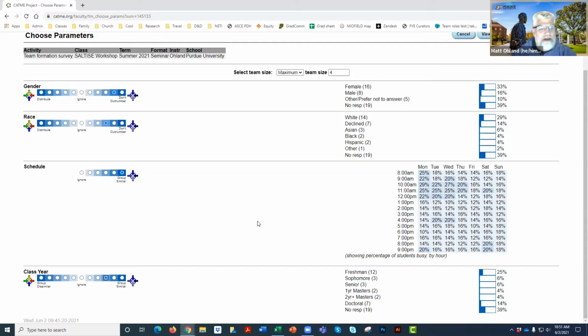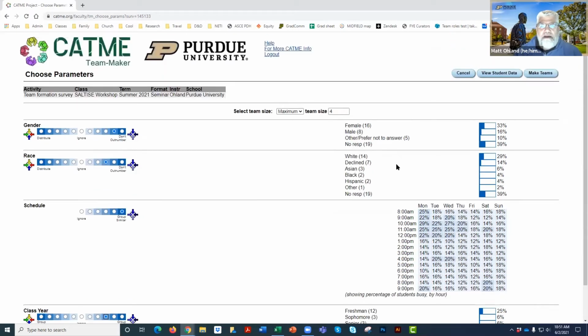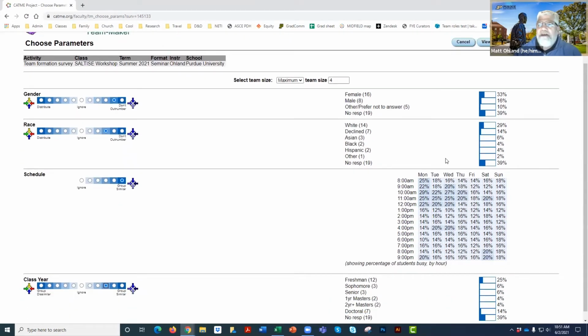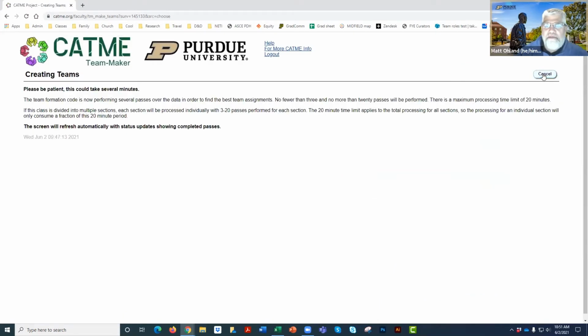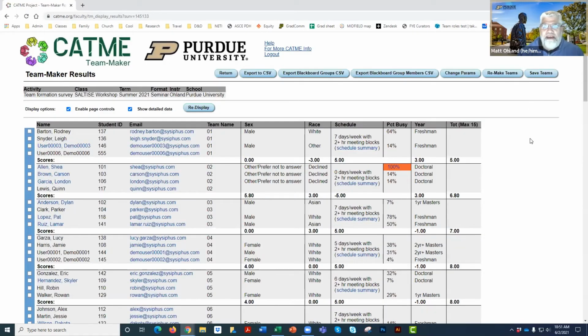So we have a bunch of responses, and I've set my criteria. When I say make teams, this is where the algorithm attempts to satisfy my criteria, optimizing the fit of the worst fitting team. And it quickly comes up with a set of teams.